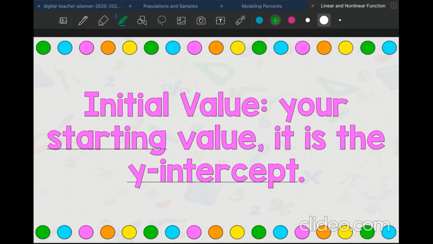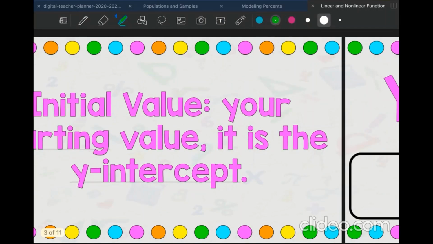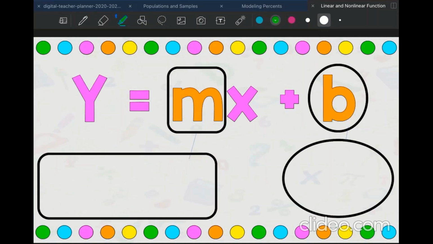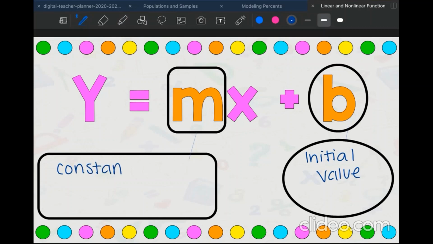Just a little review from last topic. So our b is our y-intercept. It is also our initial value. M, that's our slope, or what we're talking about today, our constant rate of change.